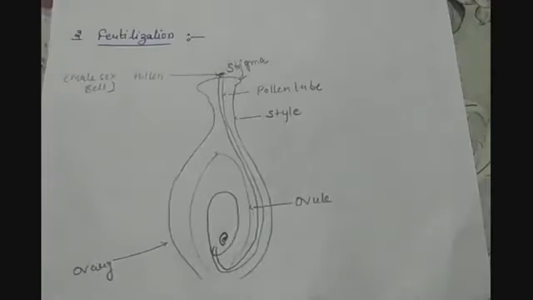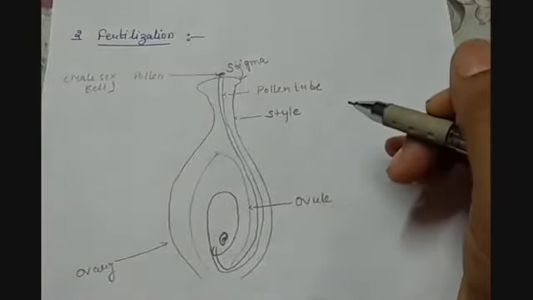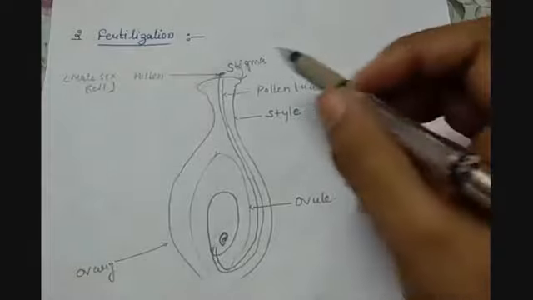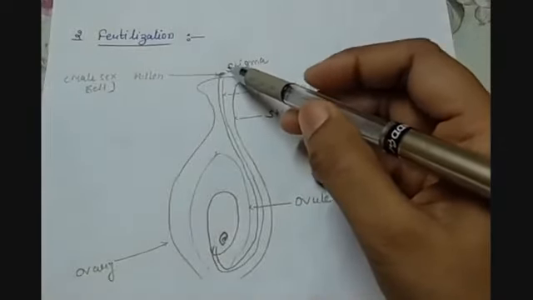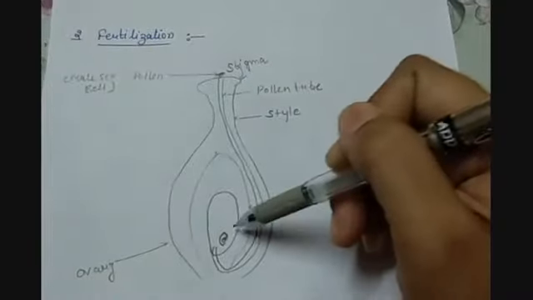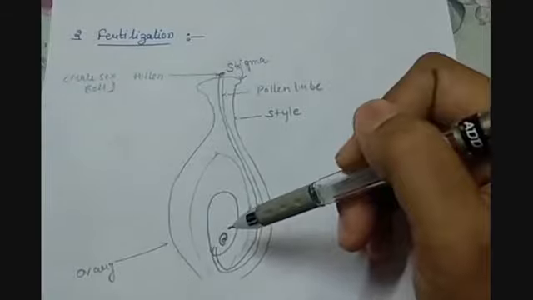The second step of reproduction in flowering plants is fertilization. Fertilization happens when the male sex cell and female sex cell fuse together. At the stigma we have the pollen grain, or the male sex cell. Inside the ovary, in the ovule, we have the female sex cell, or egg.